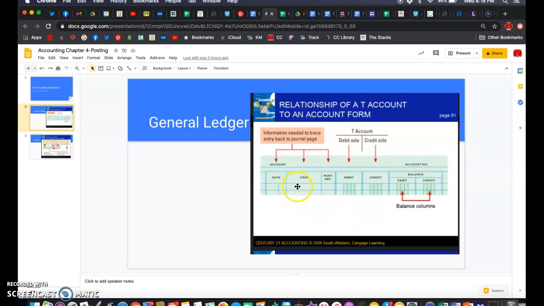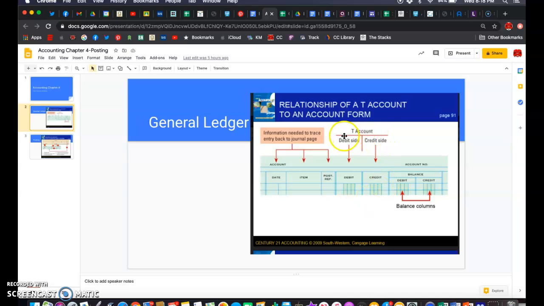Then every time there was a transaction that affected a certain account, we're going to go to the ledger account and show what happened to that account. And then we'll be able to have a current balance. These two columns are the transaction, and this column over here is the balances. What's going to be the balance?